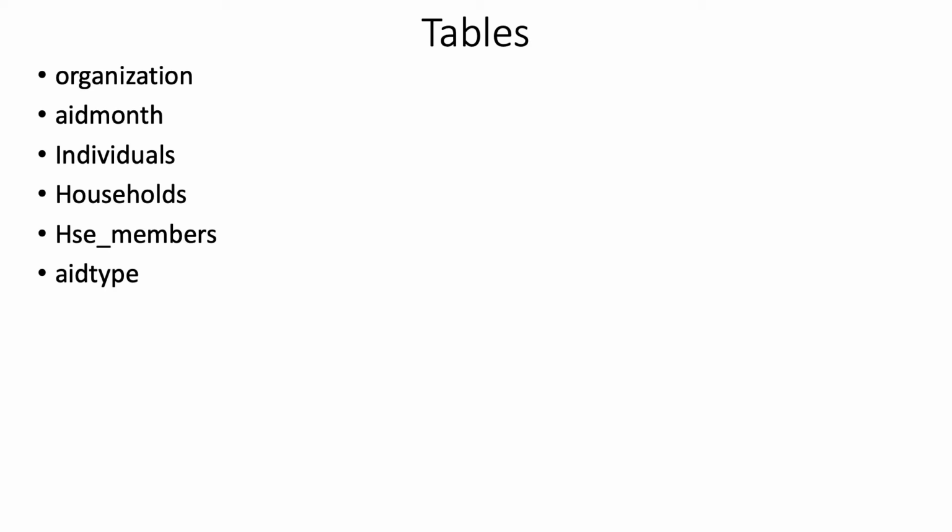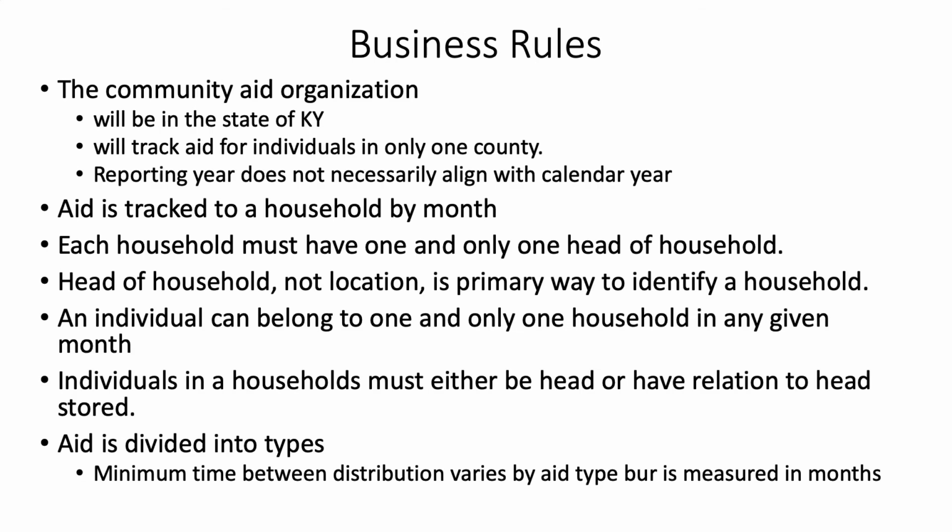But we're going to have to add a type of aid, an aid type. So is it food aid, or is it electric aid, or is it for the gas meter? What type of aid? Is it clothing? Aid is divided into types, and the minimum time between distributions varies by the aid type, but is measured in months.